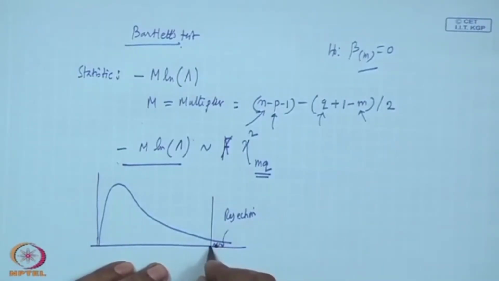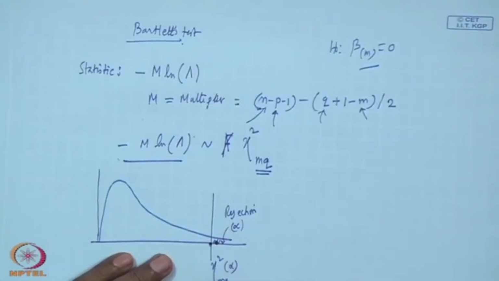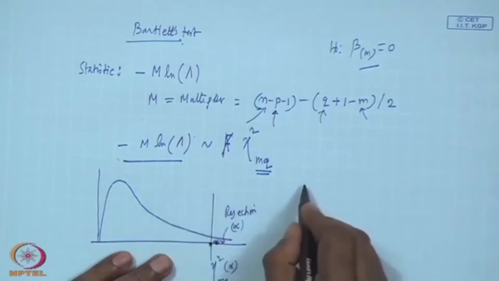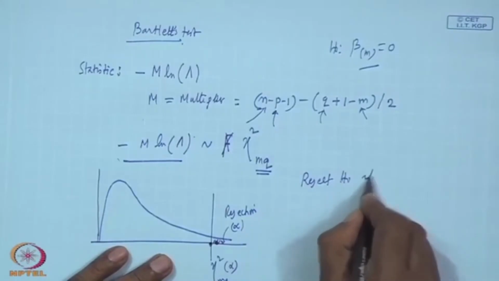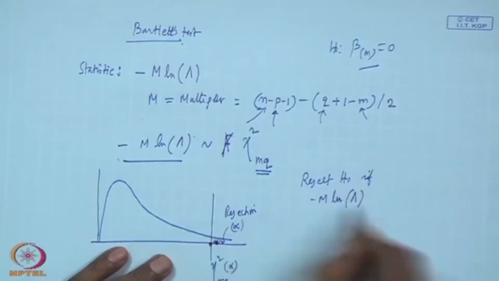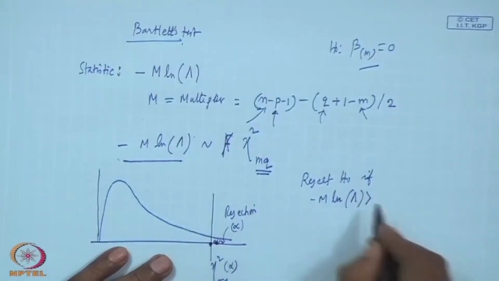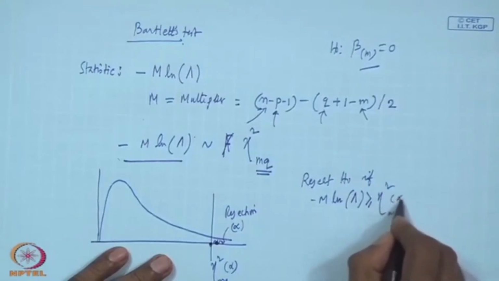So, this point, the critical value, is your chi-square. If I say this is alpha, then chi-square mq alpha is your critical value. Now, you will reject H0 if minus m log lambda is greater than or equal to chi-square mq alpha.